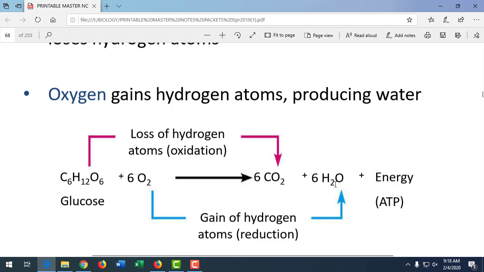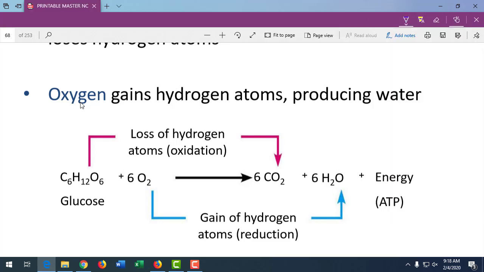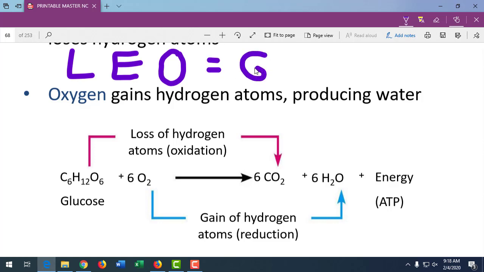Another way to remember this: if I lose electrons, which is the same thing as hydrogen, we call that oxidation, right? And if I gain electrons, which is what's going to happen, if some molecule is losing it, another one's going to gain it, we call that reduction.